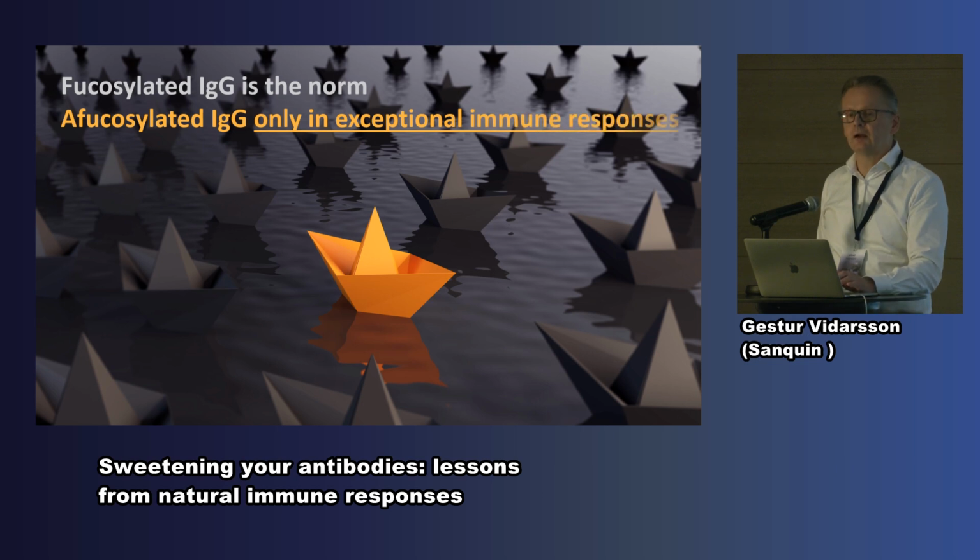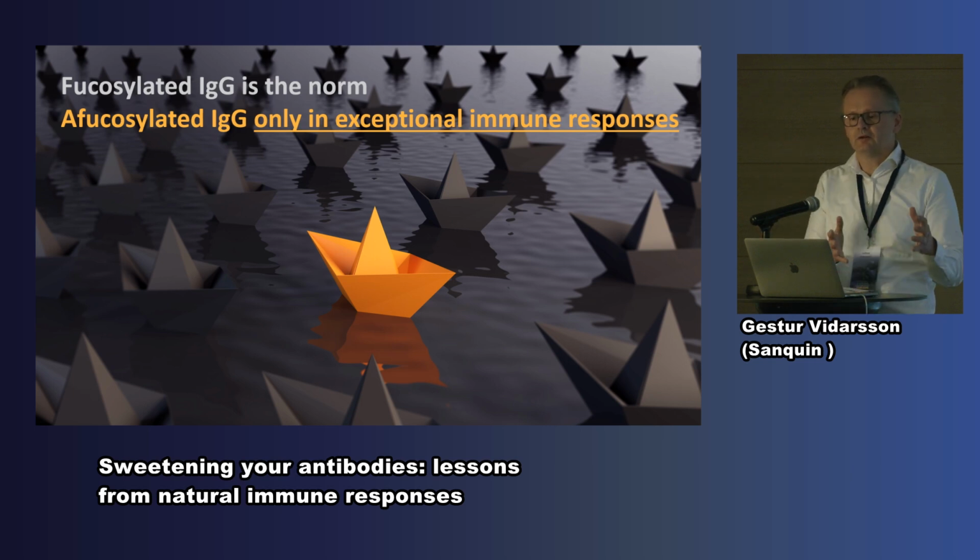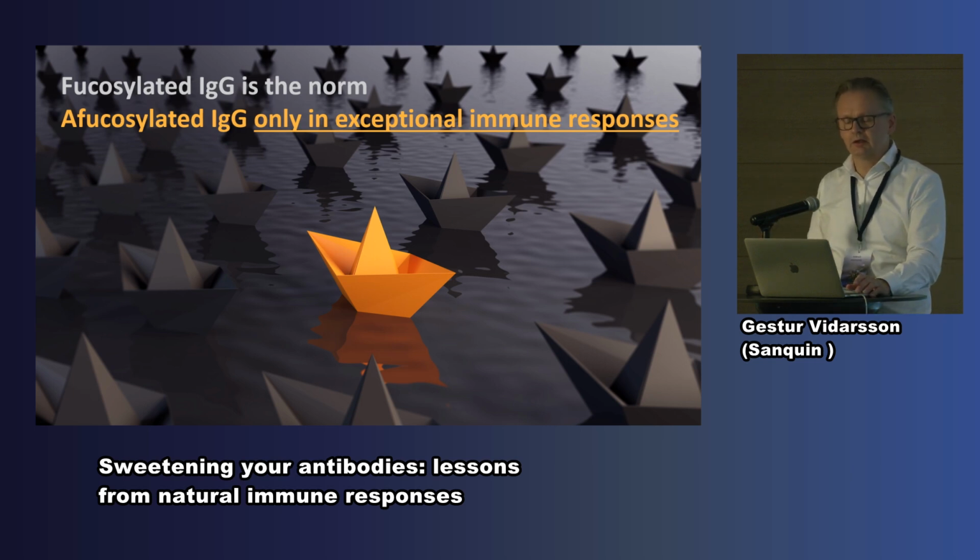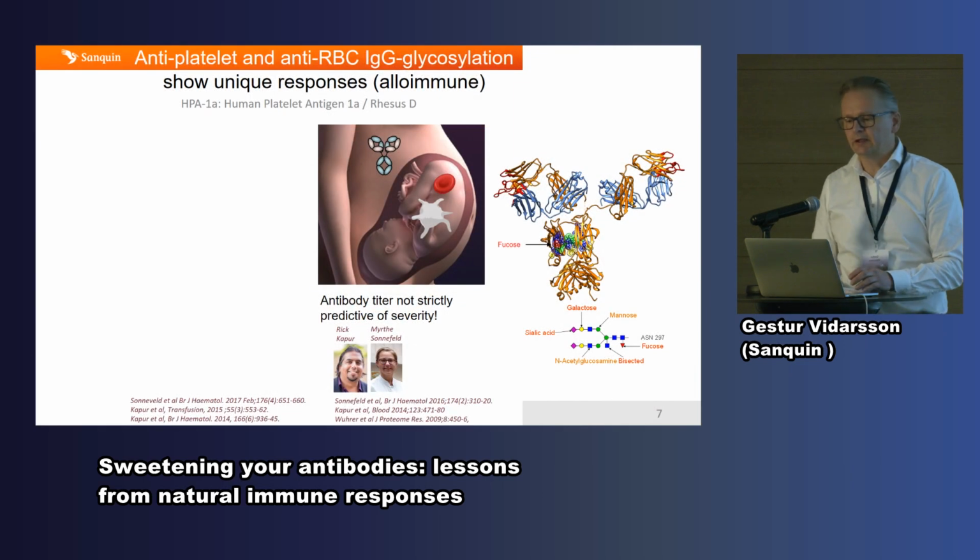Most are fucosylated, indicated by the black boats. Some are really different, with a majority of the antibodies being afucosylated, and this is really important. So when you look at glycosylation of antibodies, it's sometimes important to look at the total glycosylation, but specificity is sometimes key.